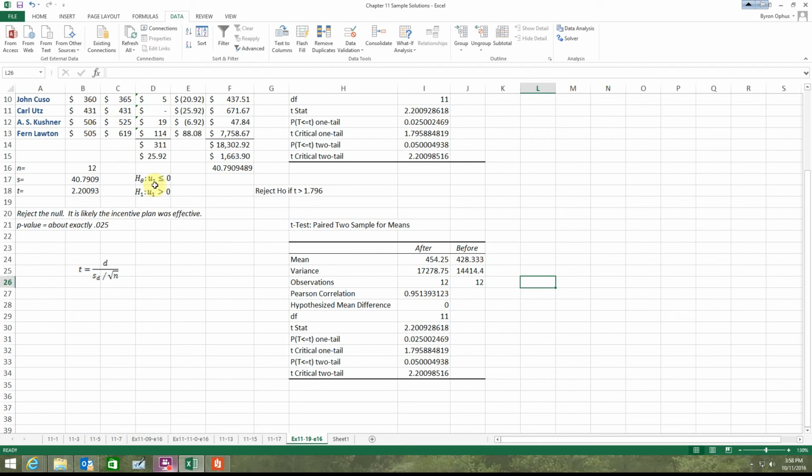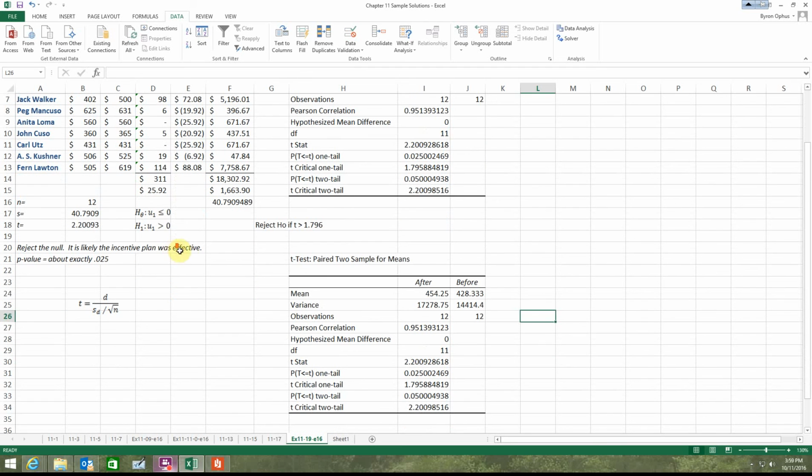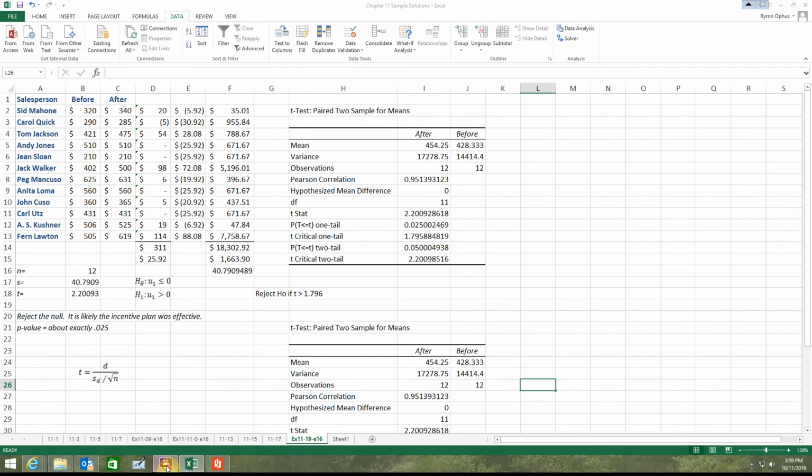So I reject the null, so I'm rejecting that it's less than or equal to. I'm accepting the alternate that it was greater than, right? That my mean here was greater than 0, so it was a nice improvement is what we're saying. There you have it, chapter 11.